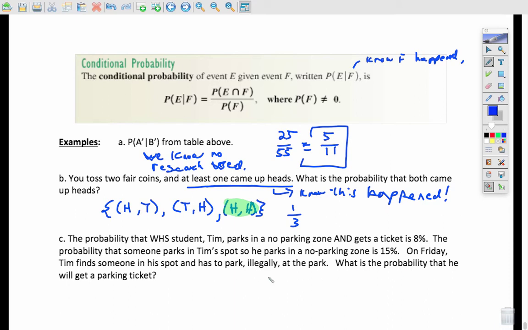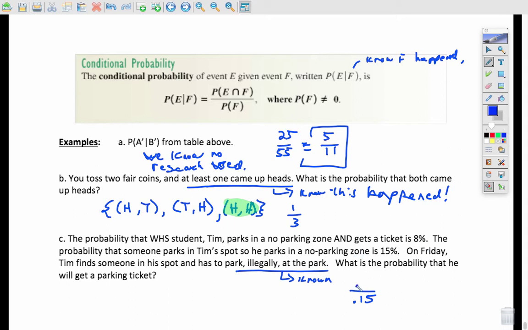Well, those times that he has to park illegally, that's the known information here. If that's the known information, that's what goes in my denominator to figure out the conditional probability.